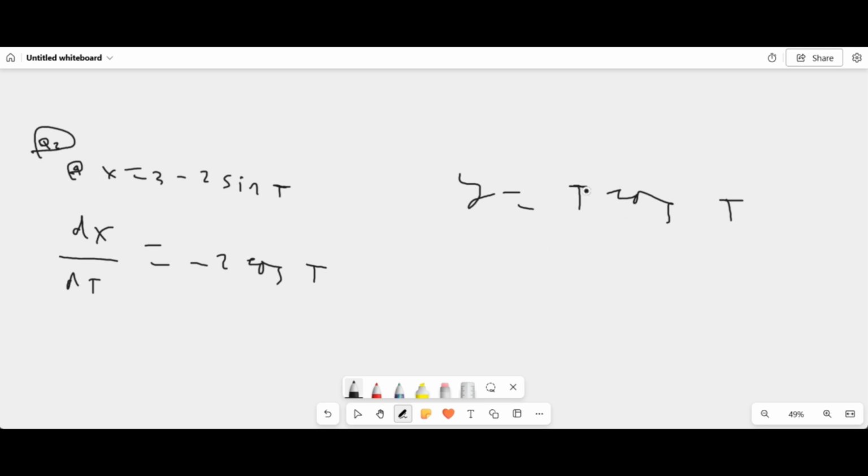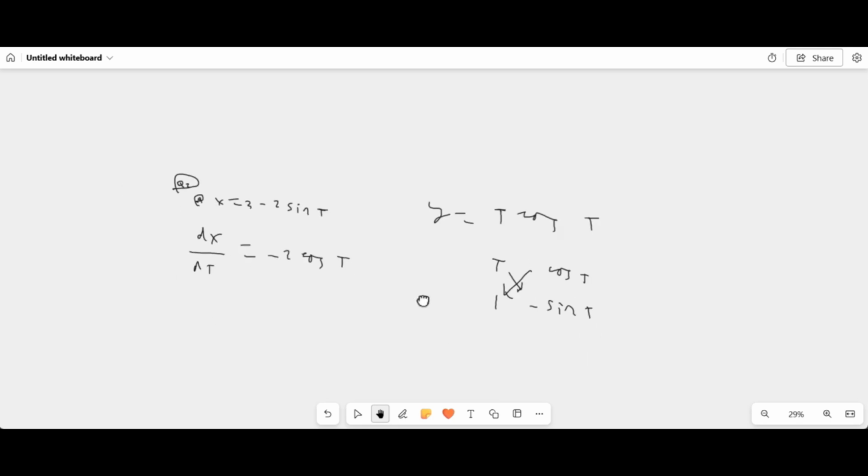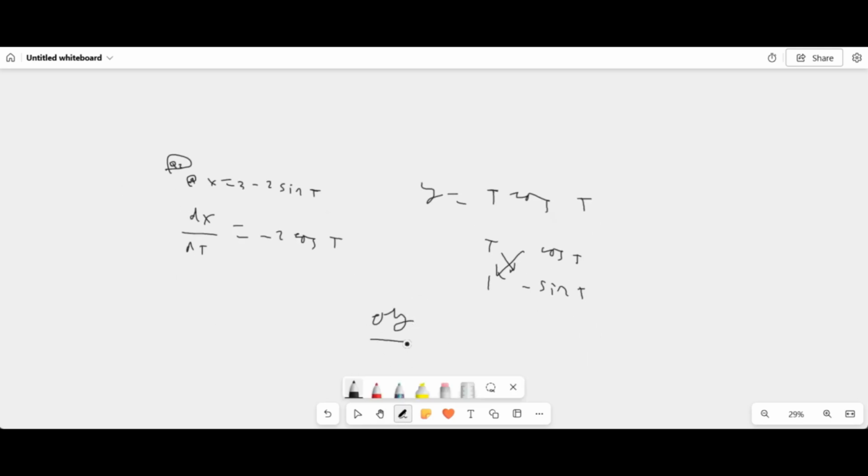So this is going to be product rule to differentiate that. So just write t and write cos t. Then differentiate t, you get 1. Differentiate cos t, you get minus sine t. And then just do that times that, that times that. So dy over dt here is going to be minus t sine t plus cos t here.